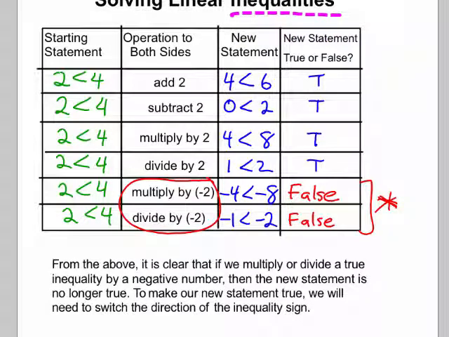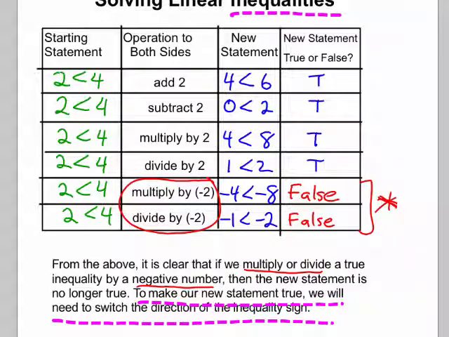So I've written this out. It says, from the above, it is clear that if we multiply or divide a true inequality by a negative value on both sides, then the new statement is no longer true. And since we want to keep statements true, to make our new statement true, we're going to need to reverse the direction of the inequality sign.